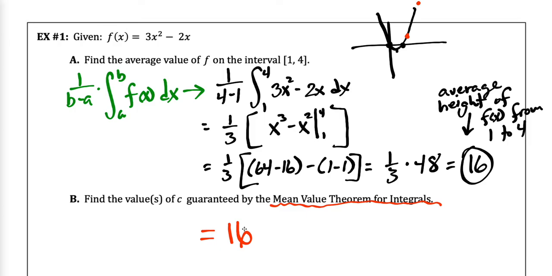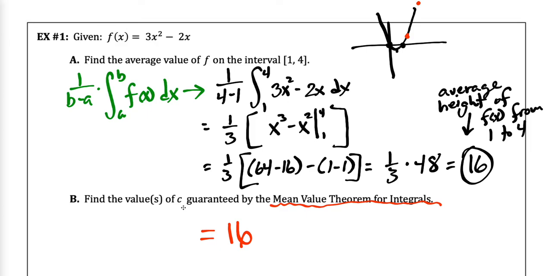So what it's asking us to find is the x value, which is the c value. Find the x value that has an actual height of 16. So what would I write on the left-hand side to find out? I feel like you're overthinking this one.